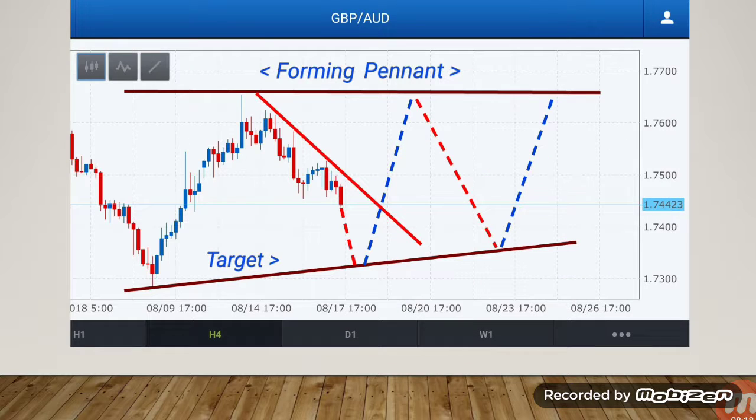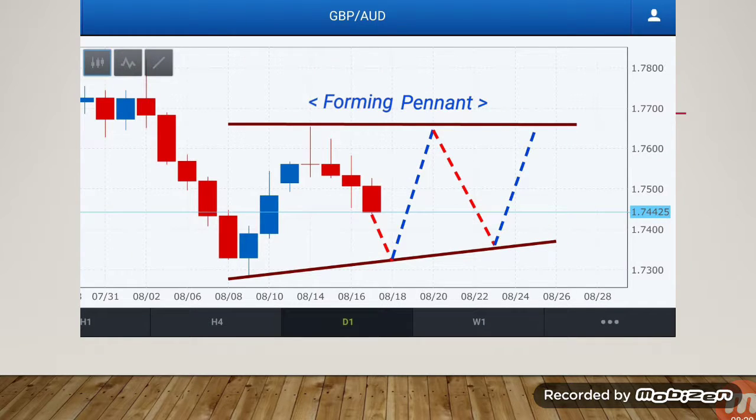Now, one of the reasons why I think this didn't work out was the fact that this consolidation setup is an example of situations in which both the daily and the 4-hour chart could be the ones that lead to the start of a movement.